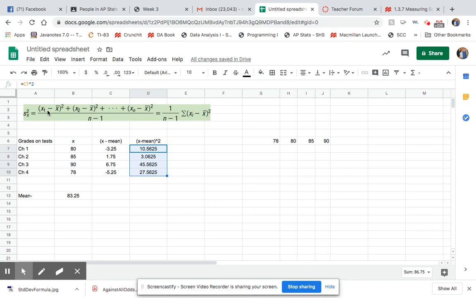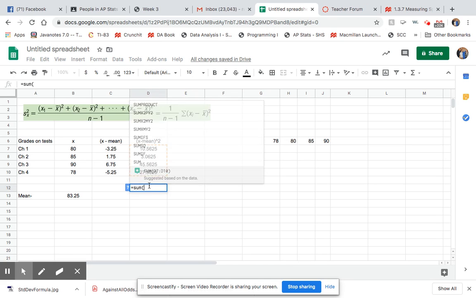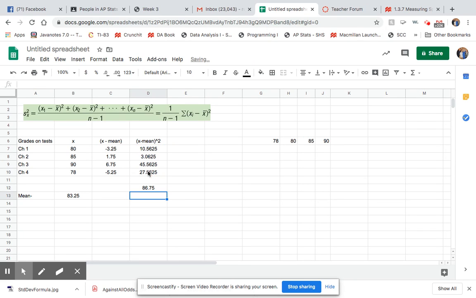Okay, so all I did was take each one minus the mean, squared them. Remember that this means to add all those up now. So I'm going to say equals sum of those numbers. Close that parentheses. So this stuff inside here, the summation, is 86.75.